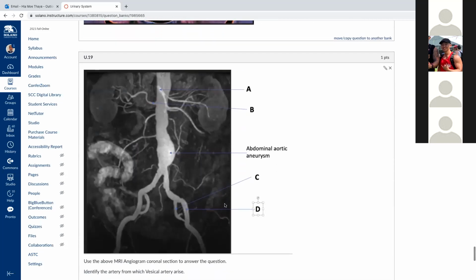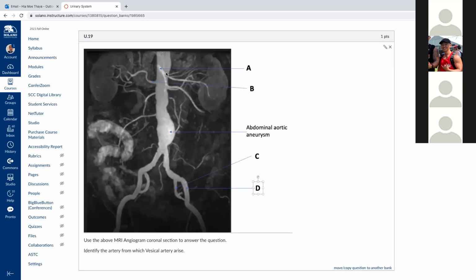This is the abdominal aorta, which is dividing into the right common iliac and left common iliac. And look at the branch here. What is this branch, C? That is going into the pelvis, so that must be the internal iliac artery.